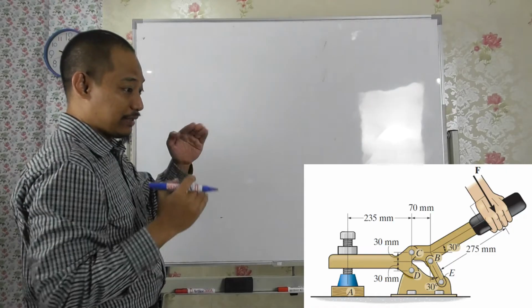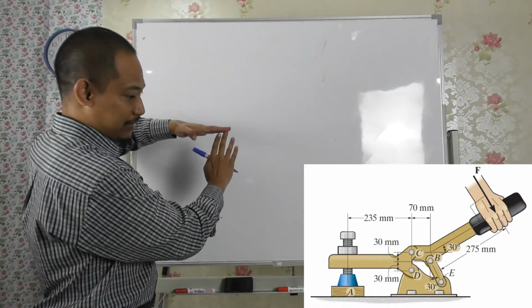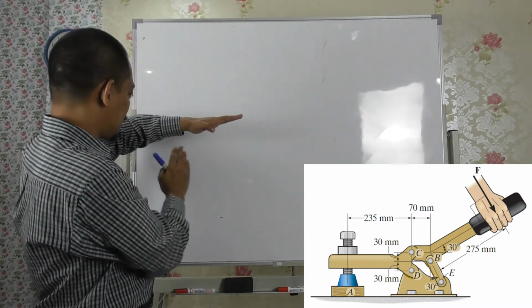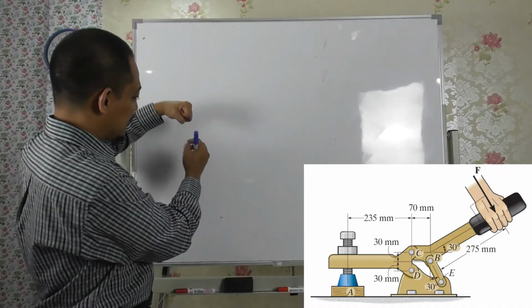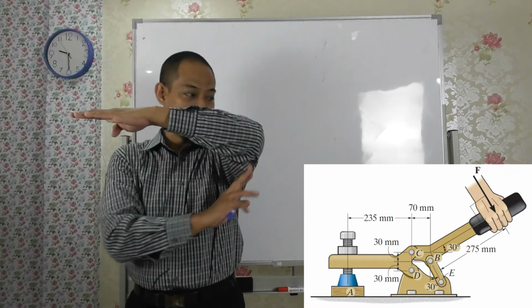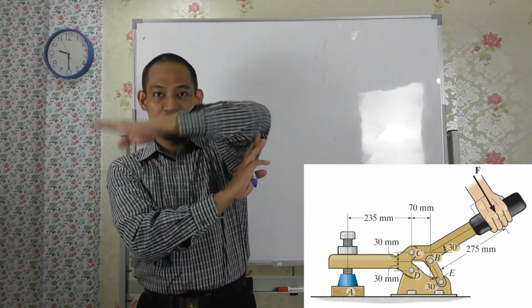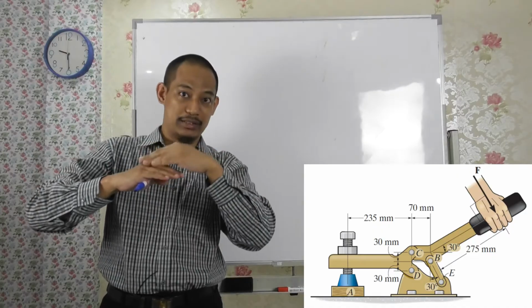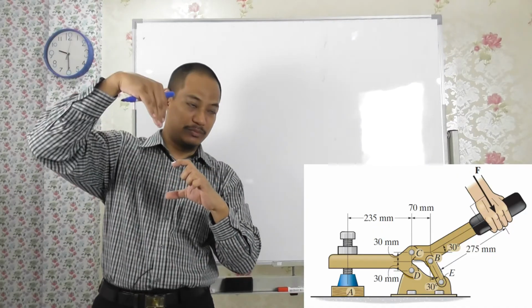If it pushes up point C, then because there's a point D there as a hinge, it will push down here, right? And it will clamp at point A. The block A is being clamped, is being pushed down, right?